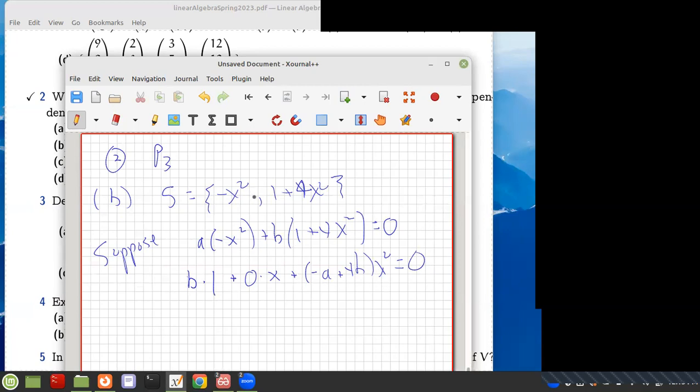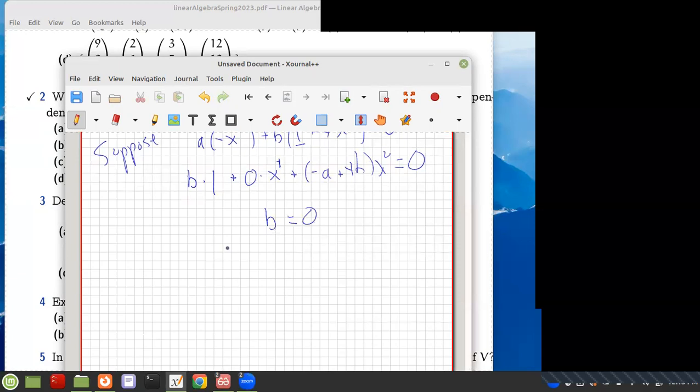We're dividing it up into terms with x to the 0 power, x to the 1 power, and x squared. So there's the 1, there's no x term, and there are two terms, minus A and 4B, for the x squared term. This is going to be the zero polynomial only when B equals 0.